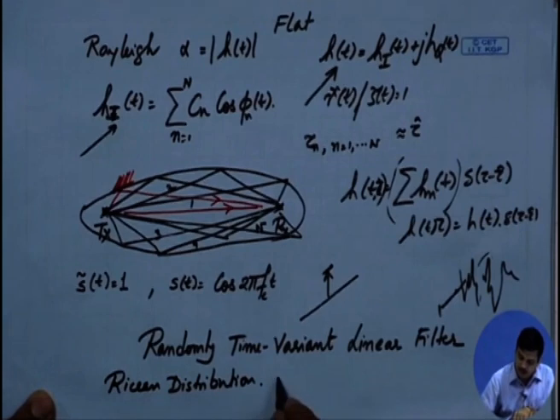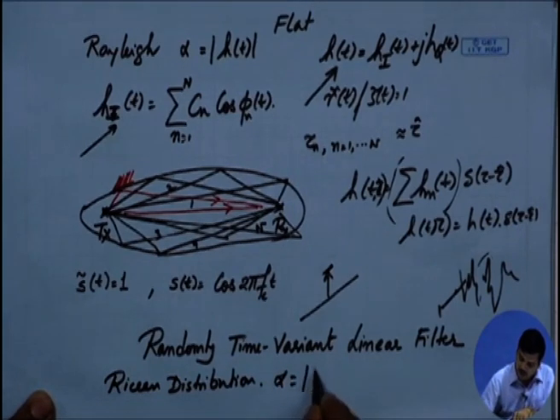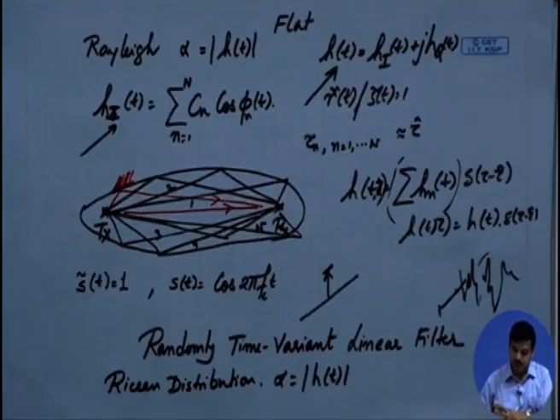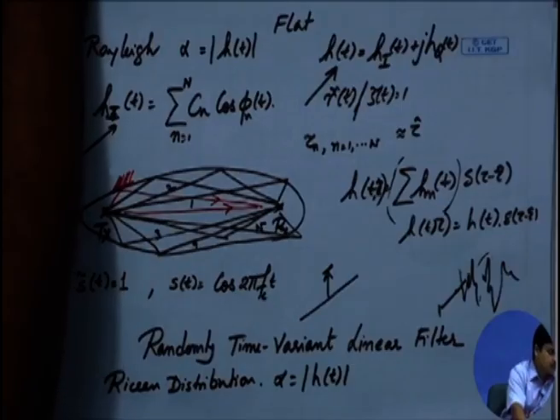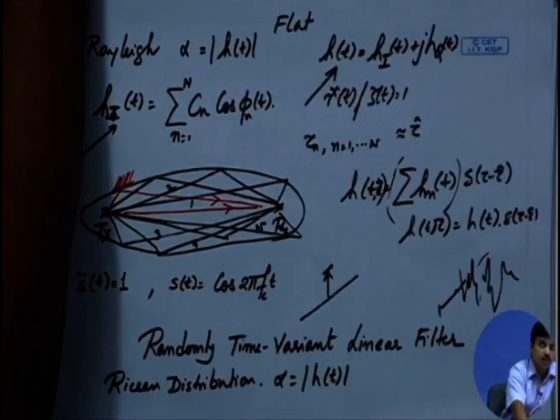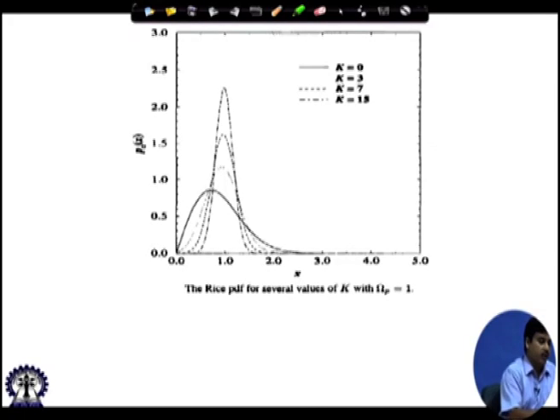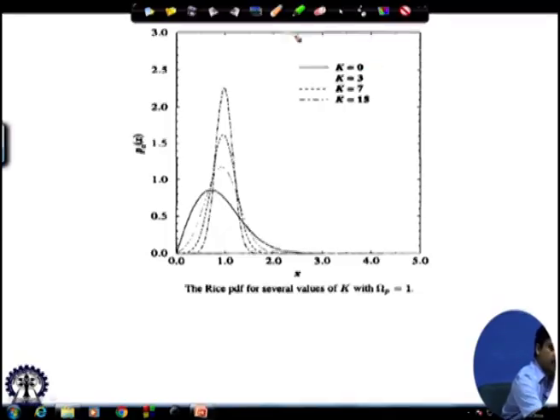If there is a specular component, then alpha, which is the mod of h(t), is Rician distributed. That is what we have seen, and we have also described that the distribution would look like the one we have here, for the values of k as in this particular figure.